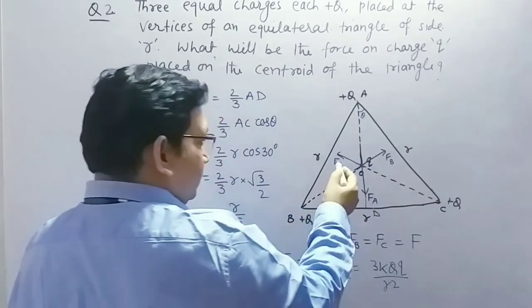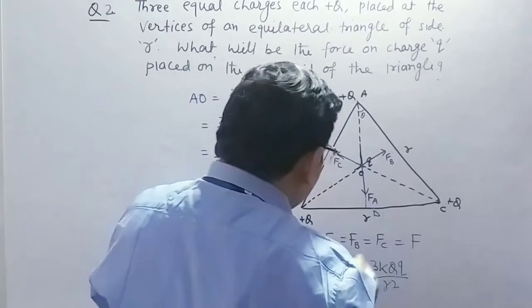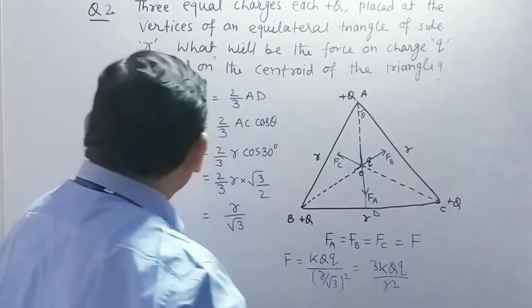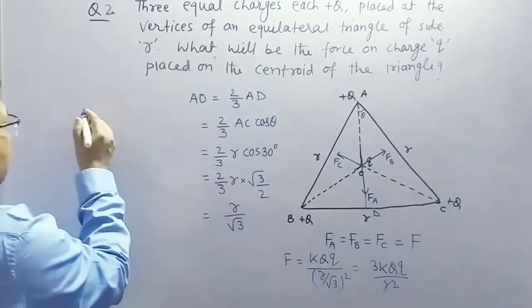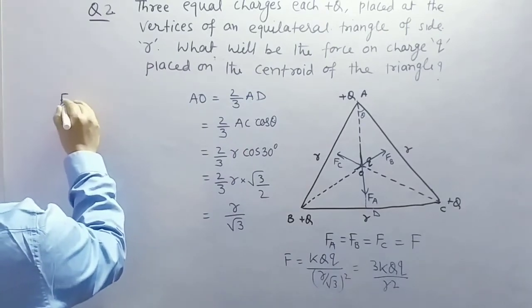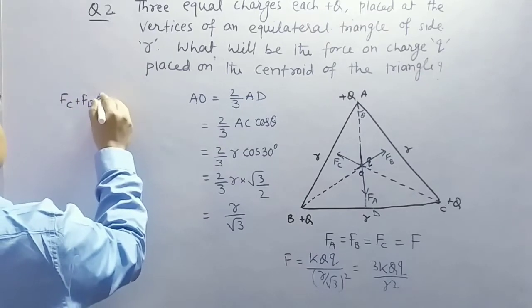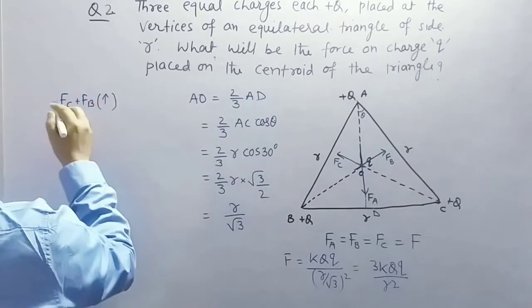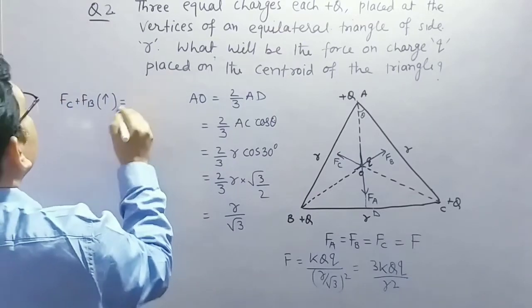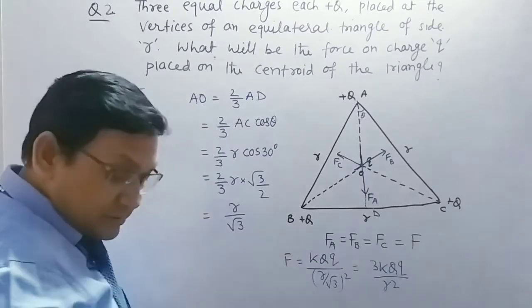Now find the resultant of force C and force B. The resultant of force C and force B would be in the vertically upward direction. I'm drawing this part.